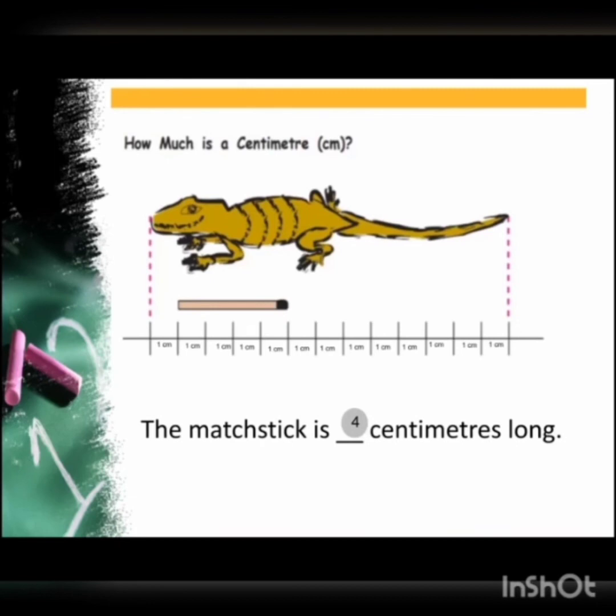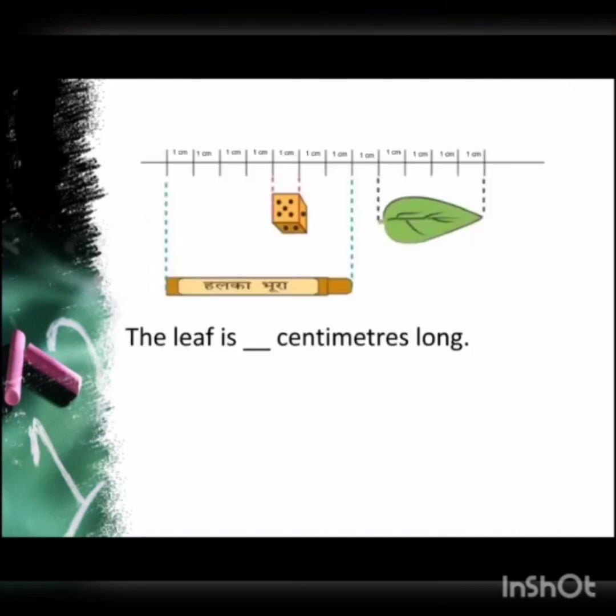Similarly, try to find out the length of the lizard. Good. So, the lizard is 13 centimeters long. Now, we have to find out the length of the given leaf. And it is 1 plus 1 plus 1 plus 1.